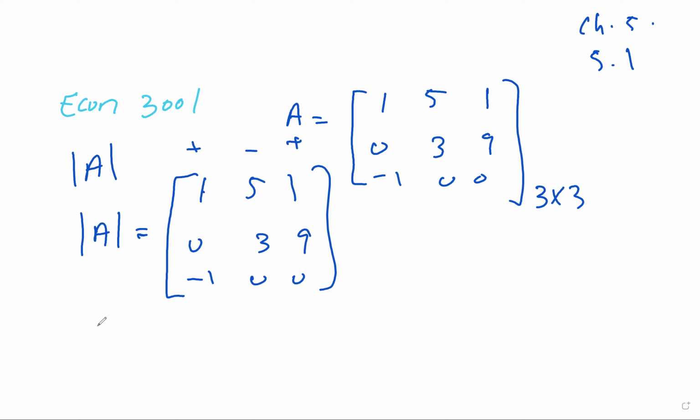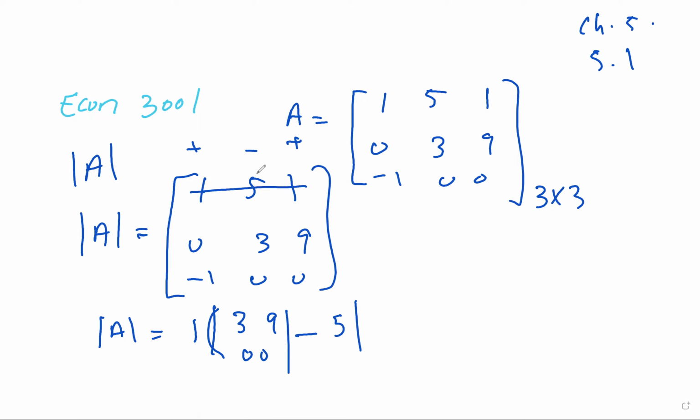So the determinant of this is equal to 1 times, 1 being the leading entry. We cover those two, and then we write the remaining numbers: 3, 9, 0, 0. Now following the sign, minus 5 times. You cover this row and column, and what is left is 0, 9, minus 1, and 0.